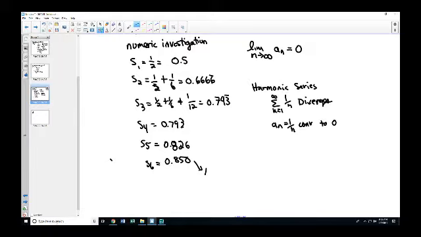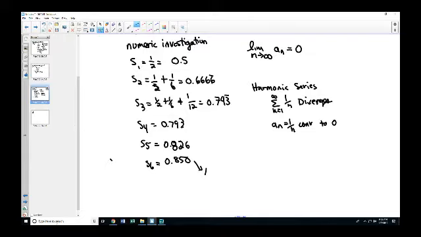The nth term test. If the nth term a sub n does not converge to 0, so if the sequence does not converge to 0, the series diverges. It's a theorem. Now, why does that theorem work? But the sequence does converge to 0.